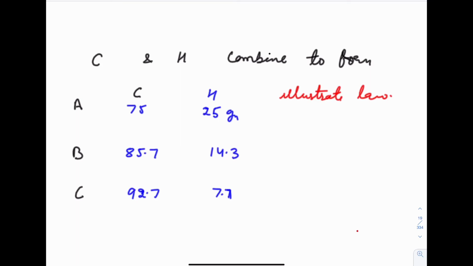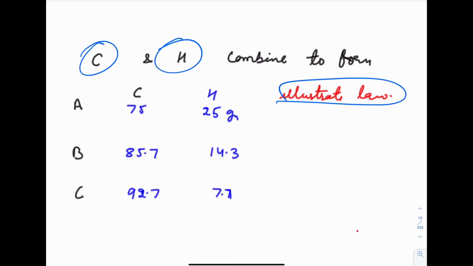Carbon and hydrogen combine to give different hydrocarbons. Illustrate the law. In the first, 75 gram carbon combined with 25 gram hydrogen. In the second, 85.7 gram carbon combined with 14.3 gram of hydrogen. In the third, 92.3 gram carbon reacts with 7.7 gram of hydrogen.